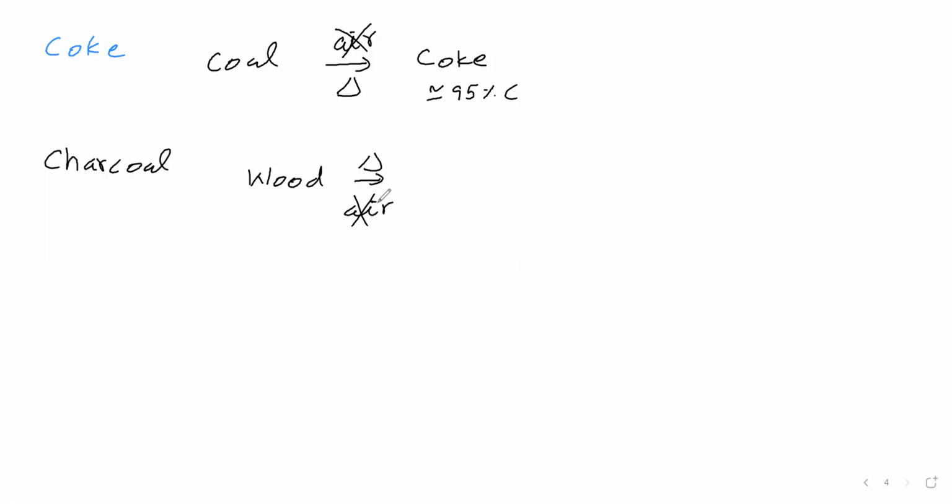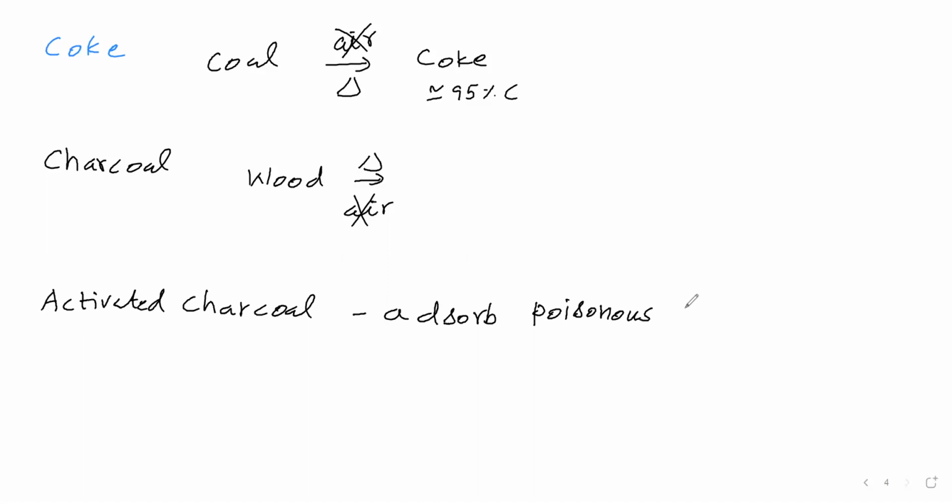Now we will take activated charcoal. Activated charcoal means impurities will not be there. So we are taking activated charcoal. This activated charcoal has a very good tendency to absorb poisonous gases.